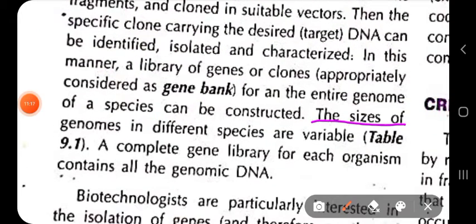Now the sizes of the genomes in different species are variable. If you see in table 9.1, the size of the genomes, genome meaning the entire DNA, in different species are variable. They are different from each other; the length is drastically different from one another.